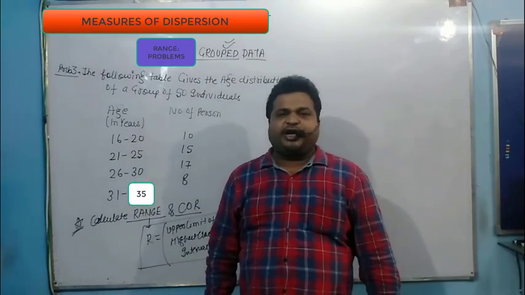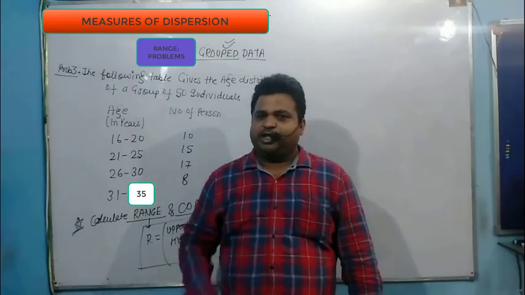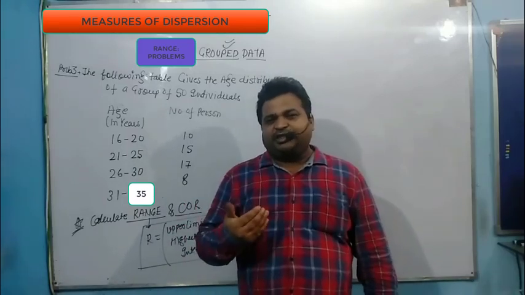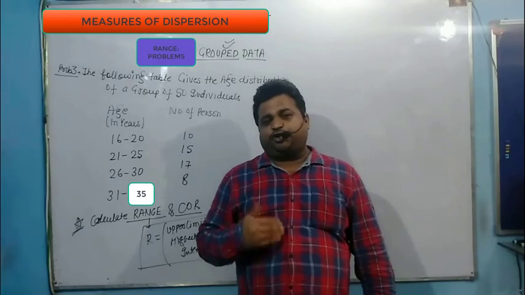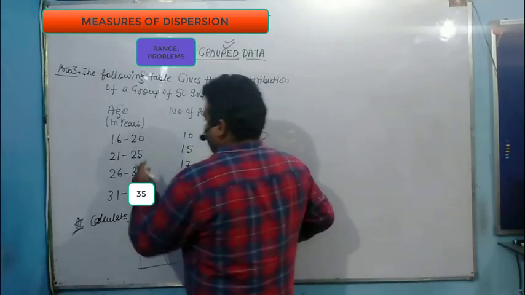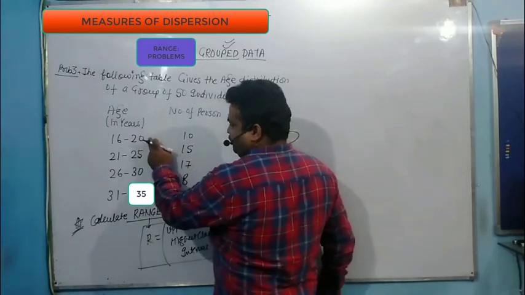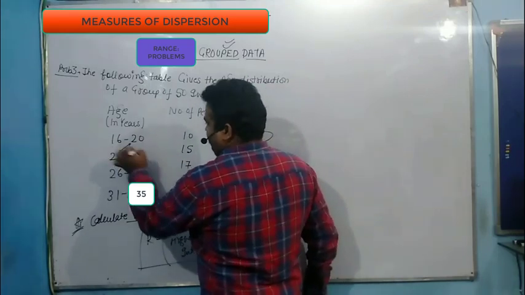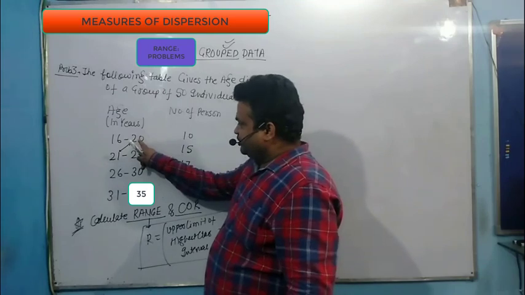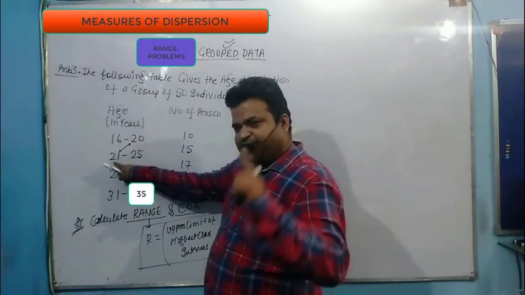So first you convert your distribution into continuous form. Now how can you convert discontinuous data into continuous form? Look here. To convert any discontinuous form into continuous, you take the difference of the two extreme ends. This is 20 and this one is 21, so the difference is 1.